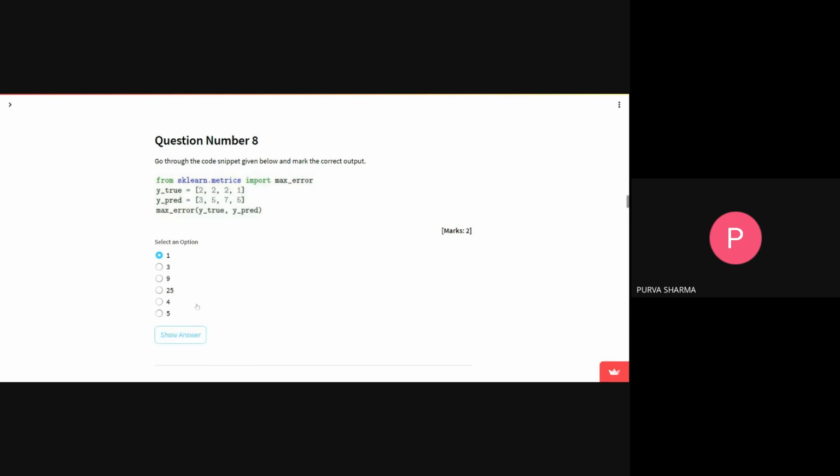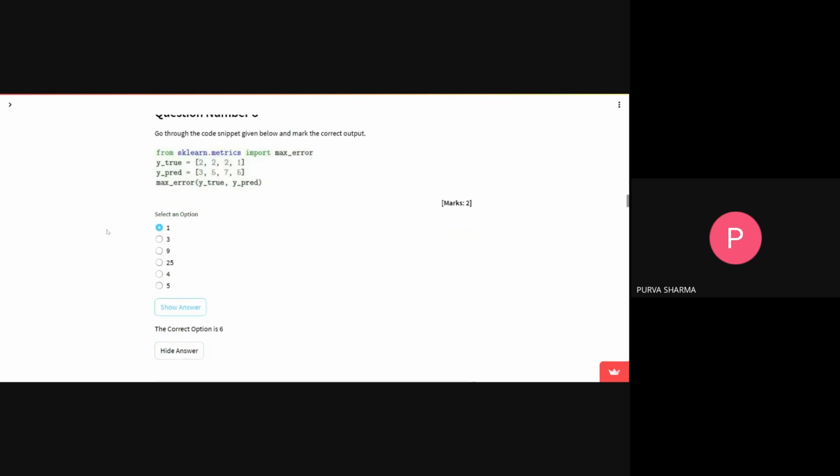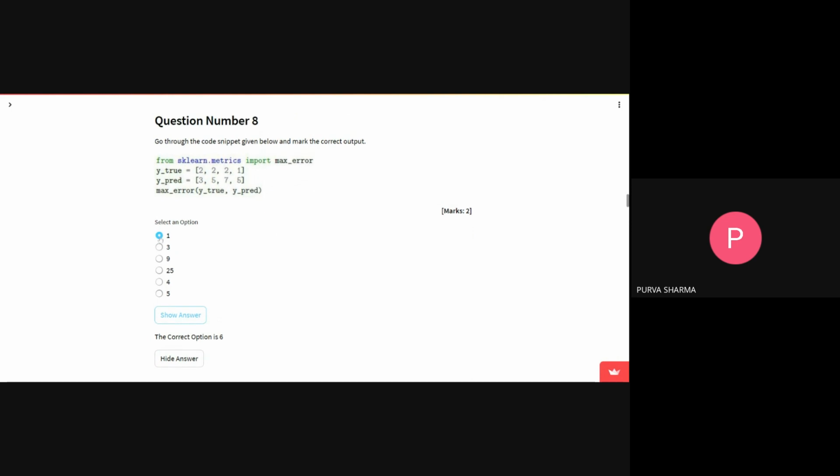So the correct answer is 5 because we're talking about the max. 1, 2, 3, 4, 5, 6. Yeah, the 6 option is correct and 5 is the correct answer. Why? Because we're talking about the maximum error that is being produced between y true and y pred, which is 7 minus 2, that is 5. Okay. Right?